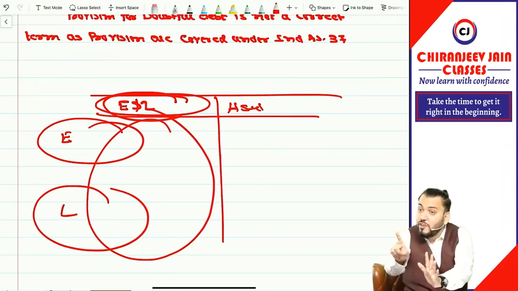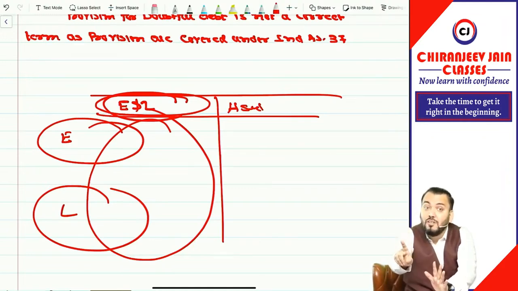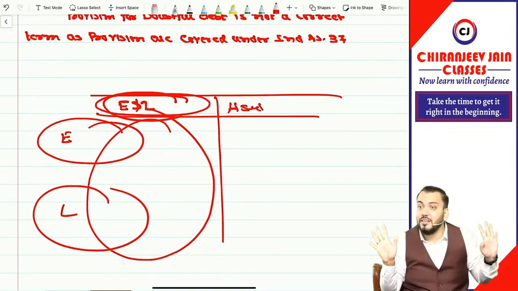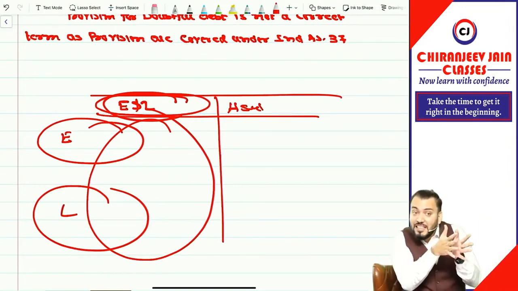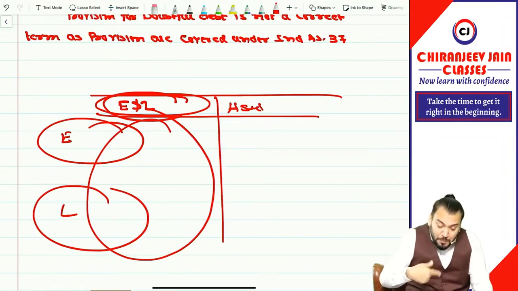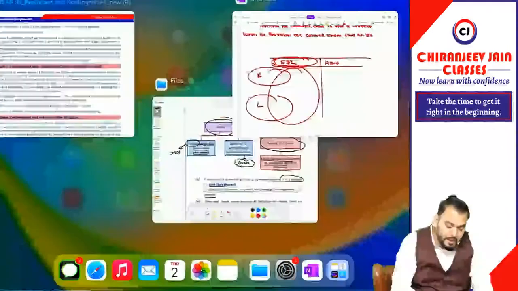It does not mean what you did in CA Inter is wrong. In CA Inter you did it as per AS and as per Division 1 of Schedule 3 of the Companies Act. I said in my first class that entire accounting is going to change. Have you understood?